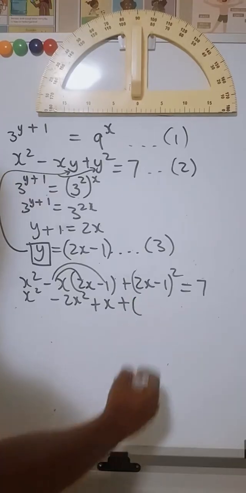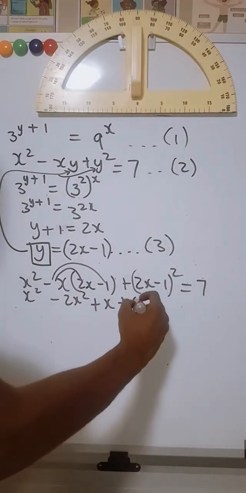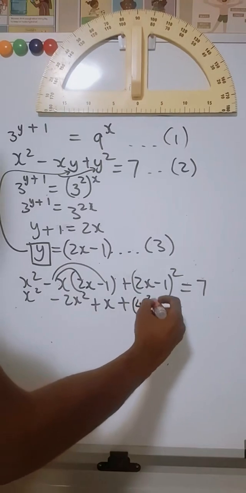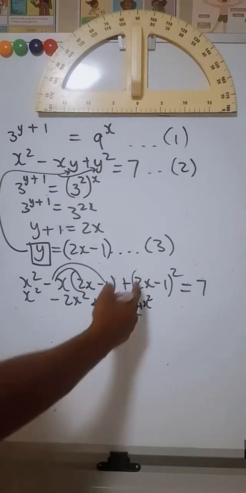This here, you remember the method I said we can apply when there are two terms inside the bracket, a plus and a minus sign. It's very basic. We square the first term, so that means we square the number and the variable, we get 4x squared.